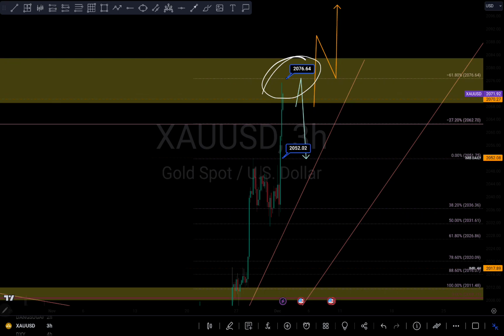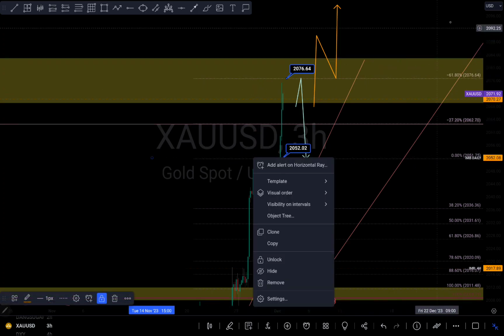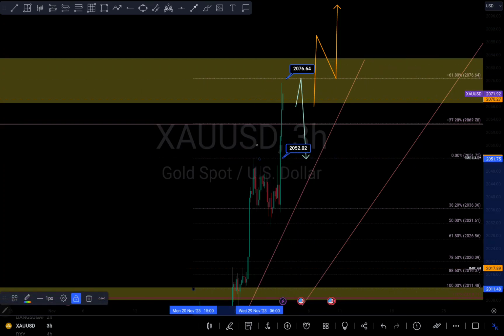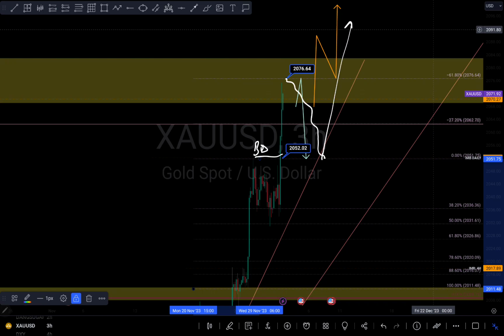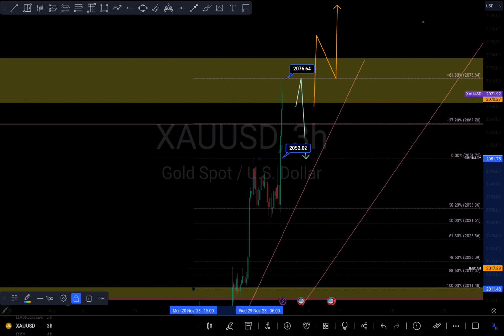But my bias is more of a sell right now to at least this previous imbalance right here, which we'll see for a retest before we now see either pushing to the upside or breaking structures and continuing to push the downside, depending on how it reacts around this area right here.